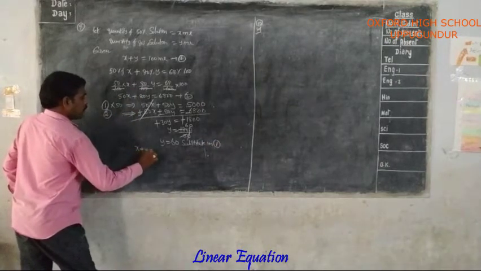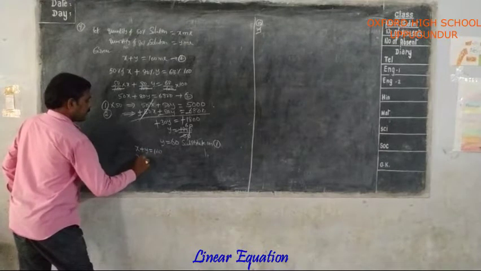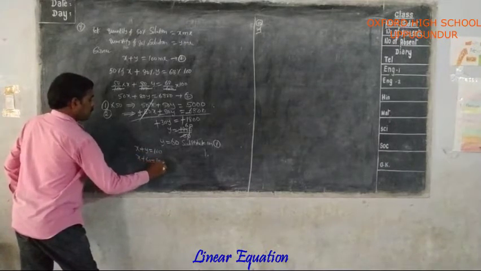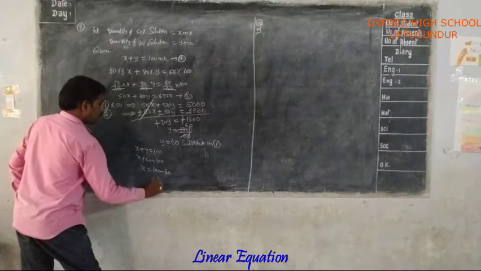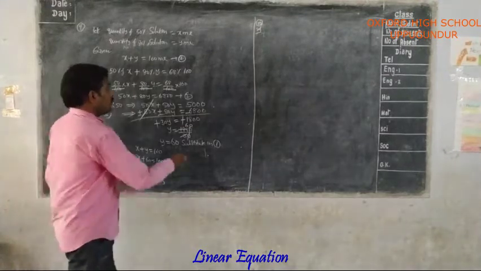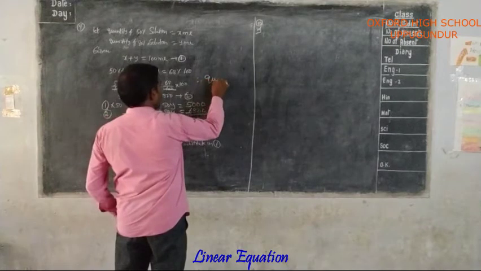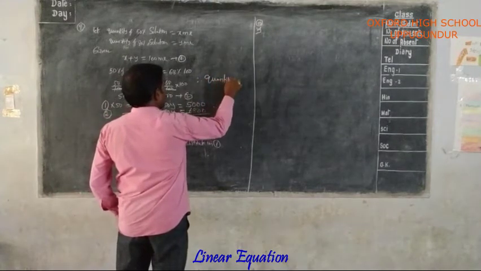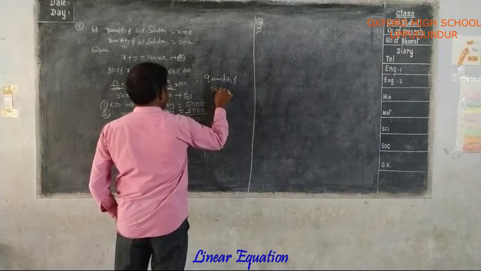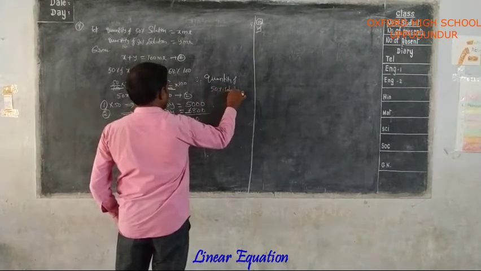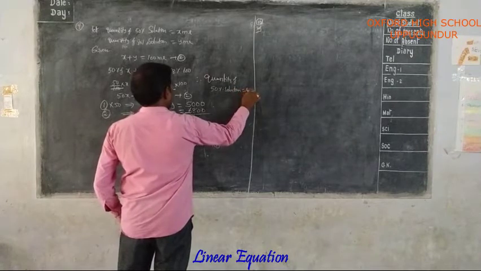X plus y equal to 100. X plus 60 equal to 100. X equal to 100 minus 60, 40. Therefore, the quantity of 50% solution equal to 40 ml.